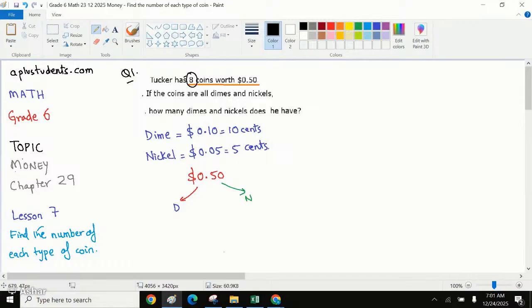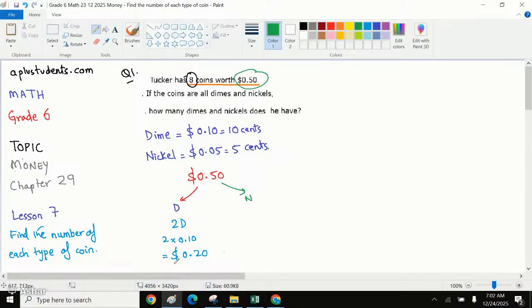Okay, so can we say that if the trucker has 2 dimes, 2 dimes would be worth what value? 2 multiplied by 0.10. That means 2 dimes would be worth 0.20, right? And if they're nickels, what is remaining out of 0.50?